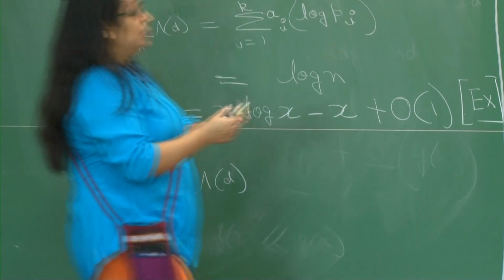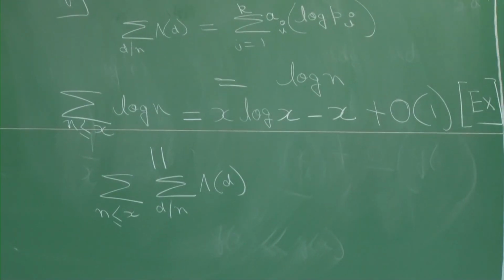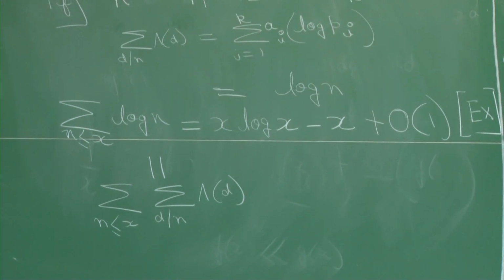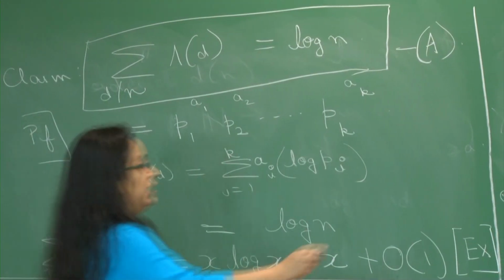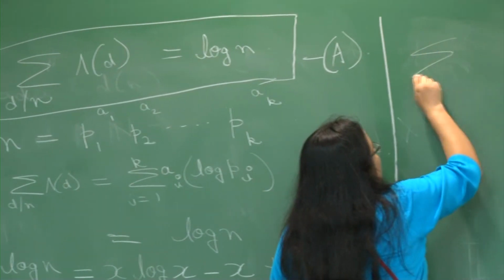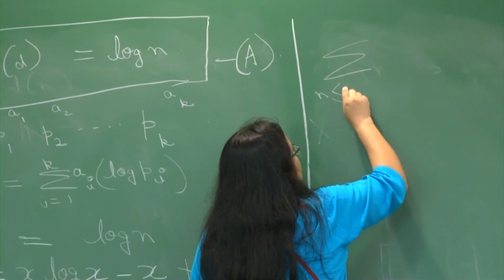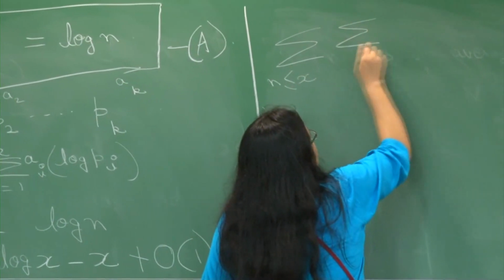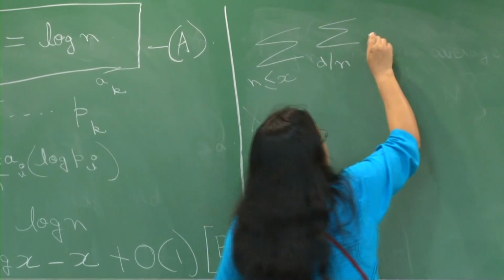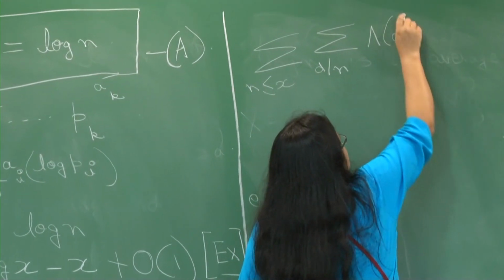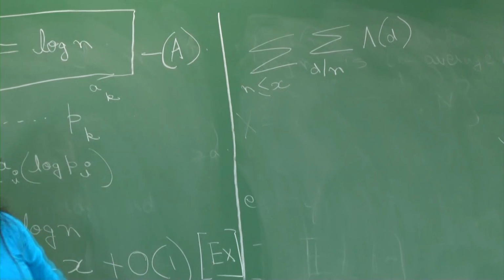So, let us now look at the following. Let us evaluate this. Again, you have a double sum. So, you know that you have to do an interchange of summation.